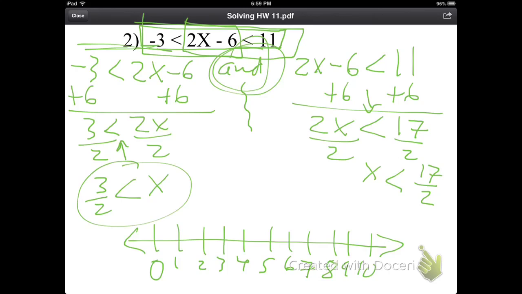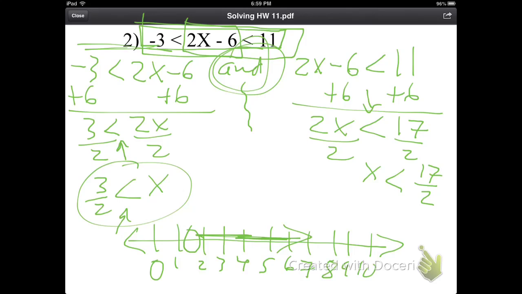I'm going to graph my left one first. Here it says 3 halves is less than x. So I put a circle at 3 halves, and it's going to be open because there's no line here, and I need to shade to the right because x is bigger than 3 halves. Put an arrow there.